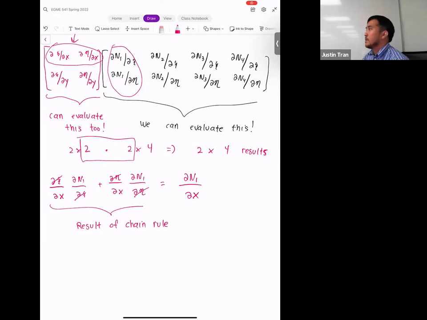I think everyone has seen the chain rule at some point. Basically, when we want to take the derivative with respect to x, we have to take the derivatives of all the inner terms as well, which is epsilon and eta.